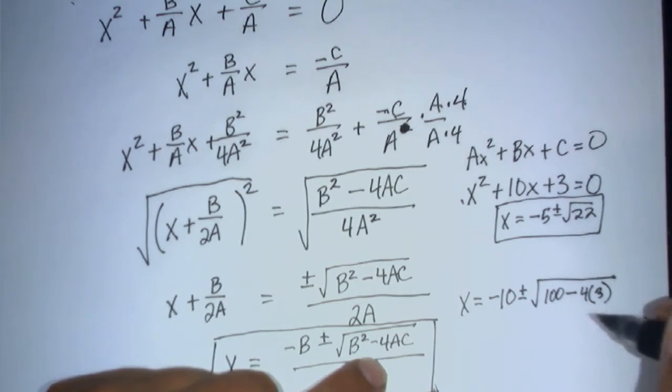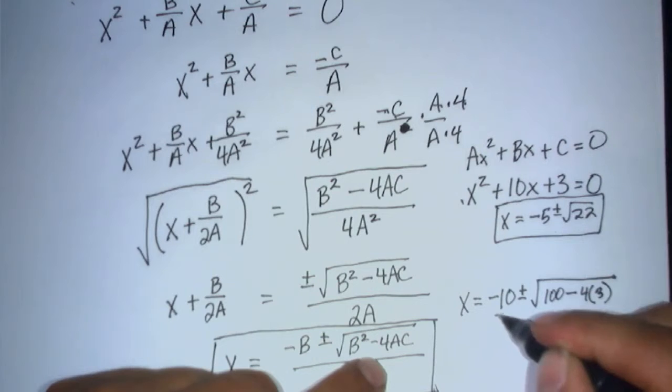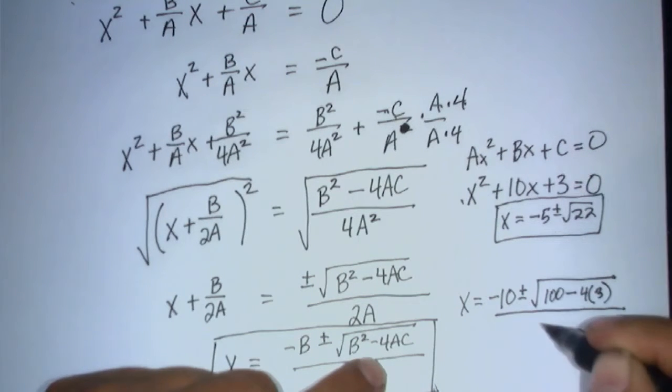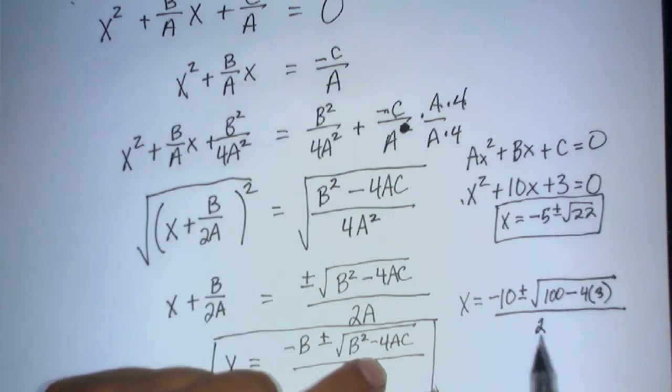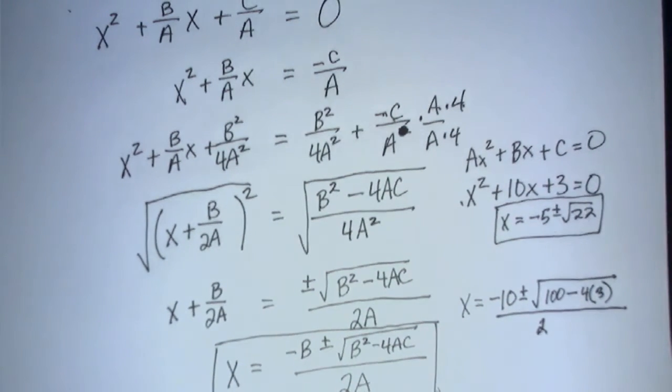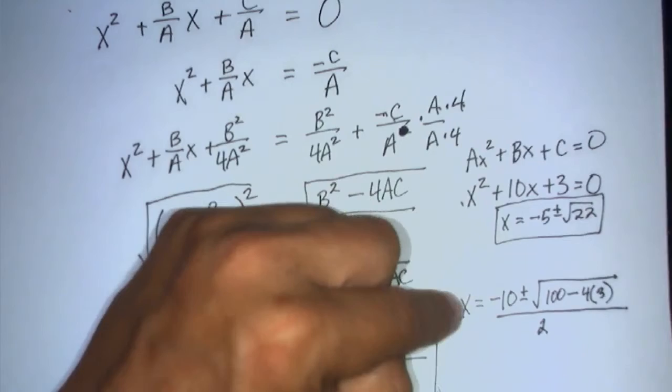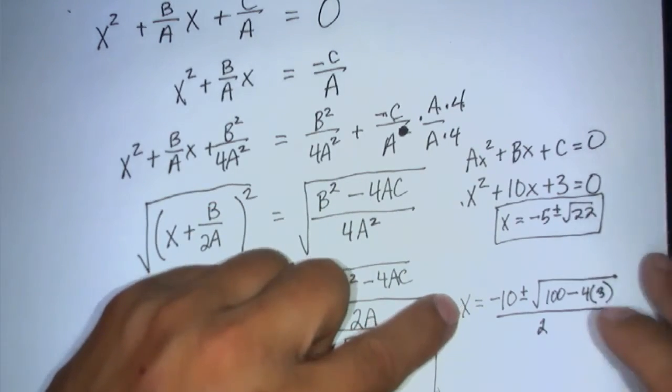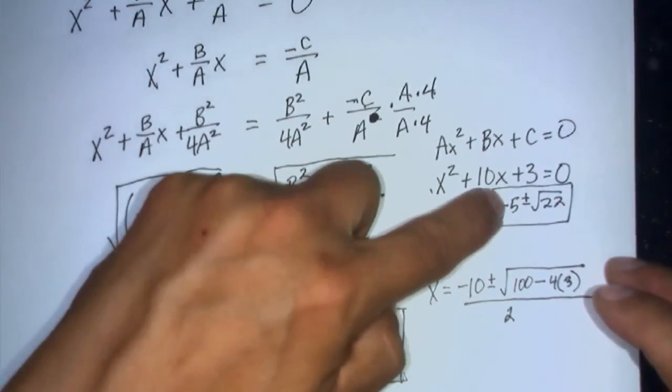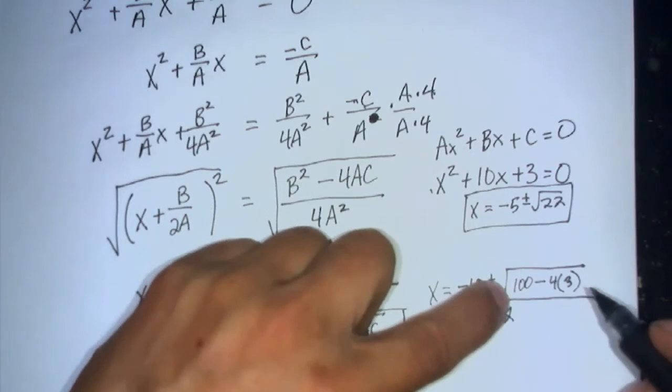All divided by 2a. Well, a is 1, so 2a is 2. Alright, that doesn't look the same, does it? These two don't look the same. Yet. Well, 10 divided by 2 is 5, so we're starting there. But what about this guy here?